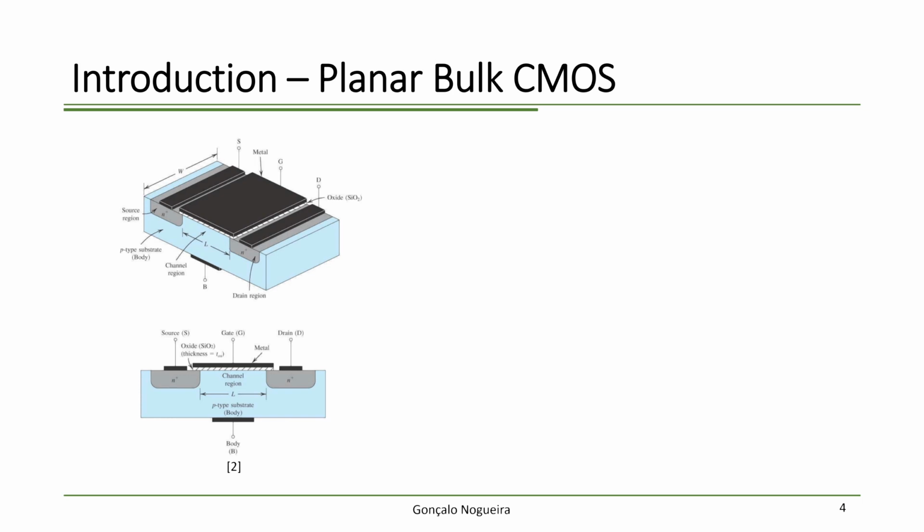This is one of the main reasons why the planar was no longer a good choice for being used as a transistor. And also you have an effect called drain-induced barrier lowering.